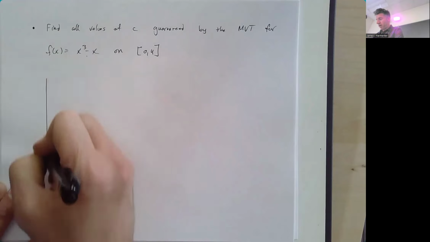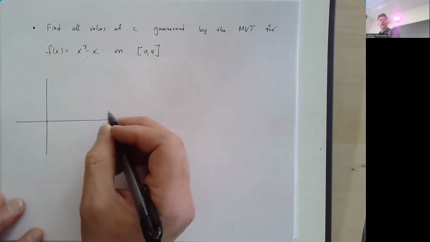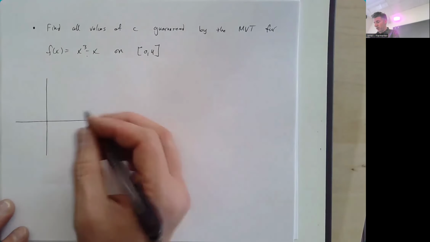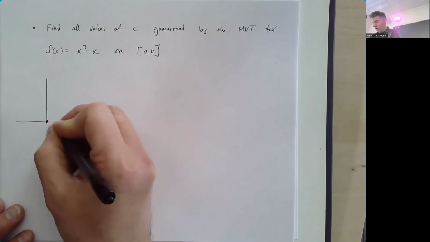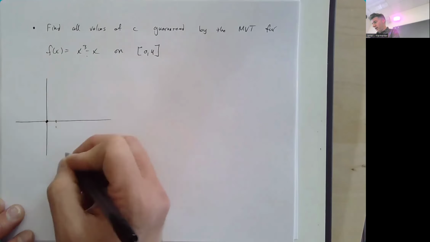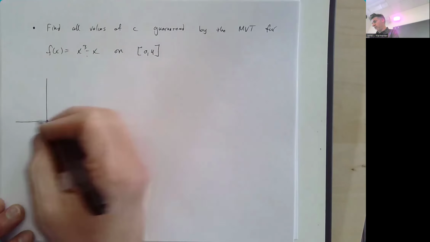So x cubed minus x definitely has an x-intercept at 0 and at 1 and at -1. If I plugged in 4, I would get 64 minus 4, which is 60, which is pretty big. So I don't know exactly what my function looks like, but I know it's a cubic function. If I plugged in 2, I'd get 6.